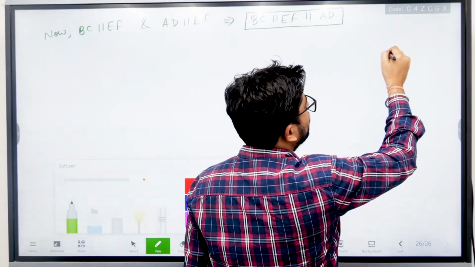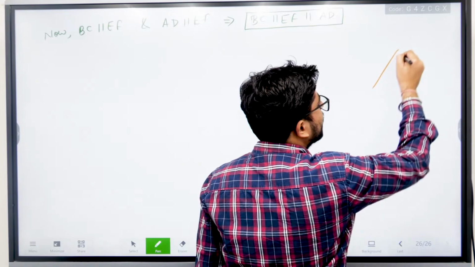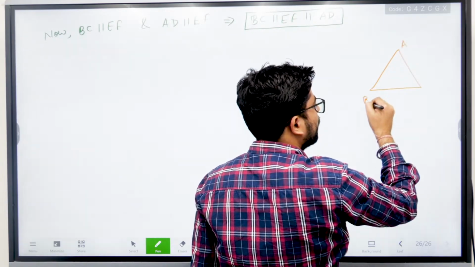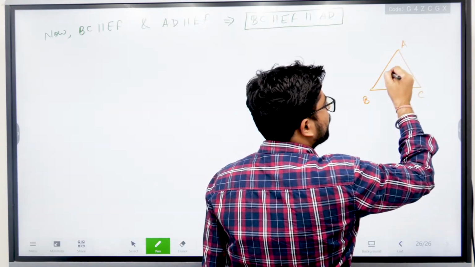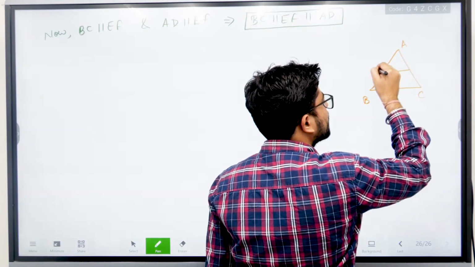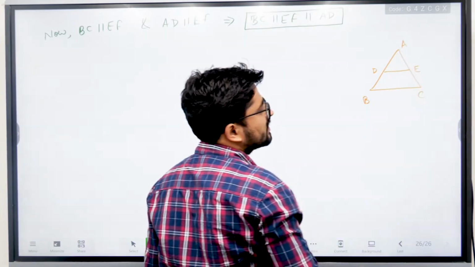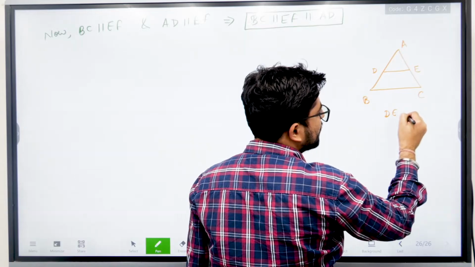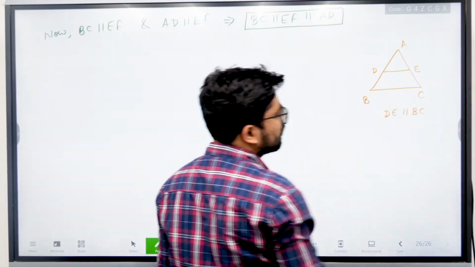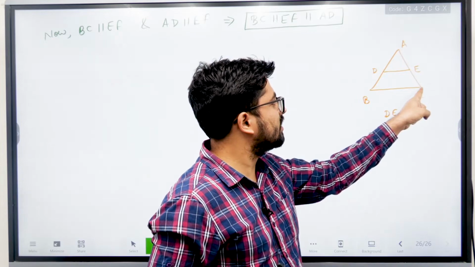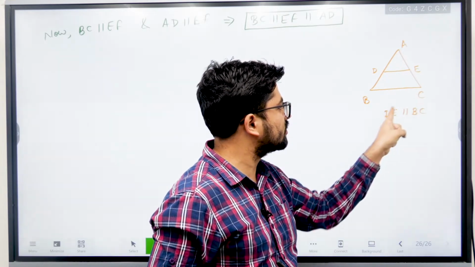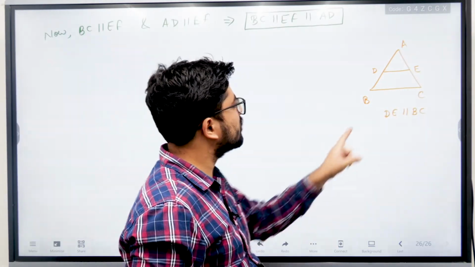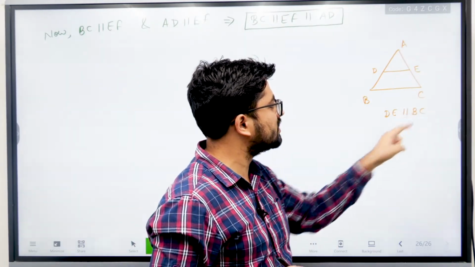Let's say this is your triangle ABC, and you draw a line parallel to BC which intersects the other two sides at two distinct points, say D and E. So DE is parallel to BC.